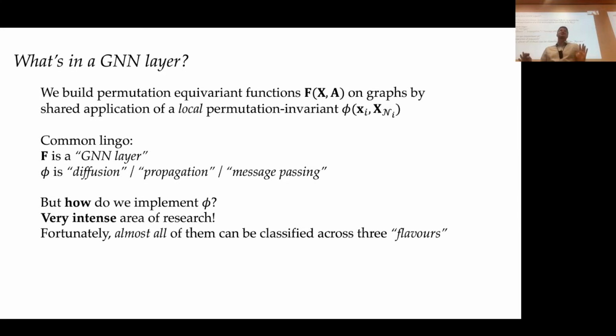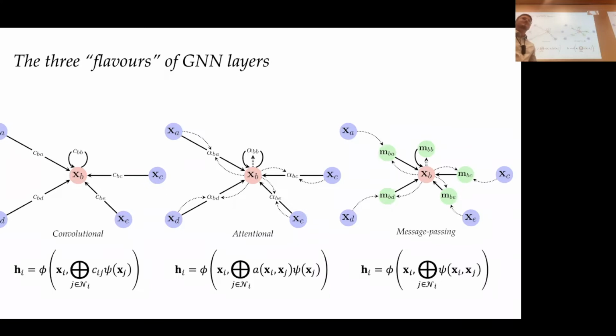Now, I originally proposed these flavors about 1.5 years ago when we were still writing the first version of our book. And to this day, I haven't really heard anyone complain about these flavors, so I assume they're okay. Let's see. So these are the 3 different types of graph neural networks that you should be aware of if you want to encounter graph neural networks in the wild or to implement them.